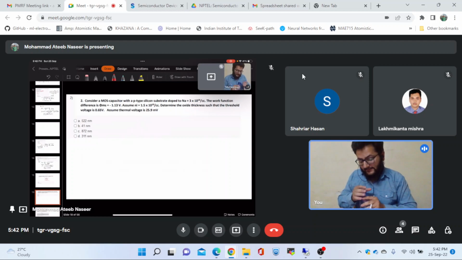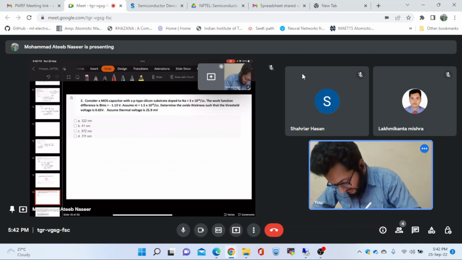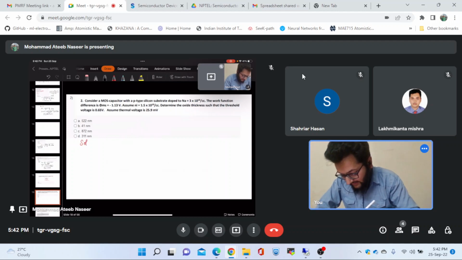So let us do the potential balance that we know, and write down the equation for the threshold voltage. This threshold voltage will be given by VFB, that is the flat band voltage. Let me not confuse you like that.